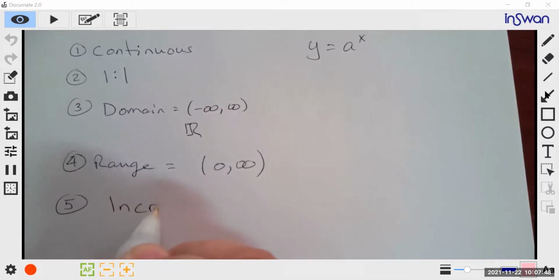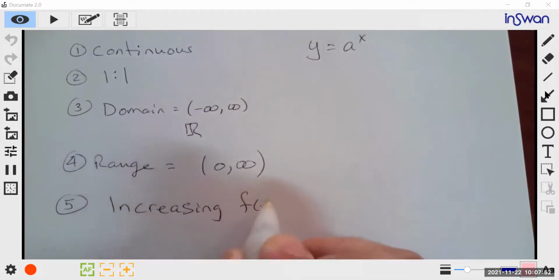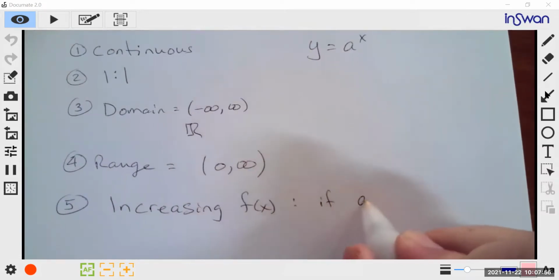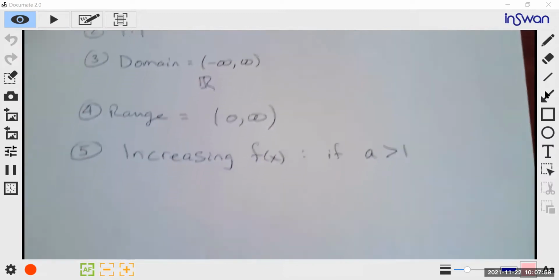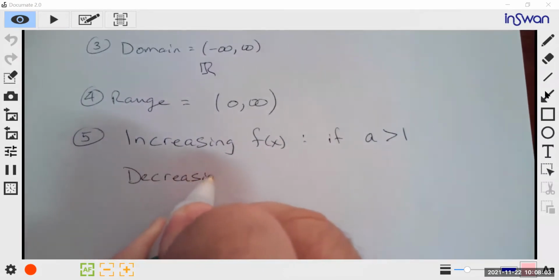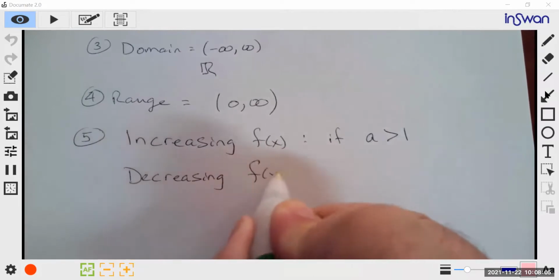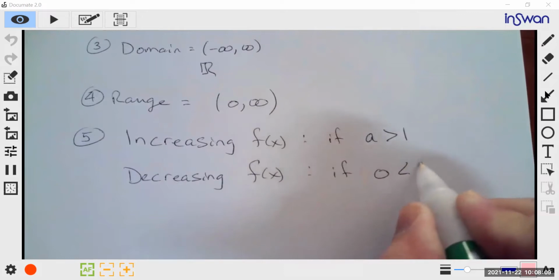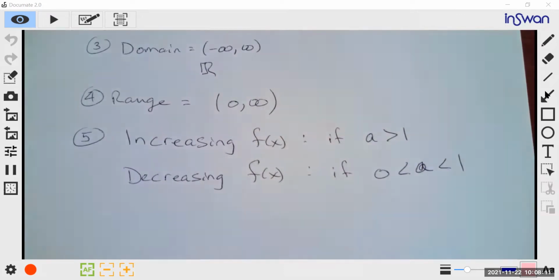It's an increasing function if a is bigger than 1. It's a decreasing function if a is between 0 and 1.